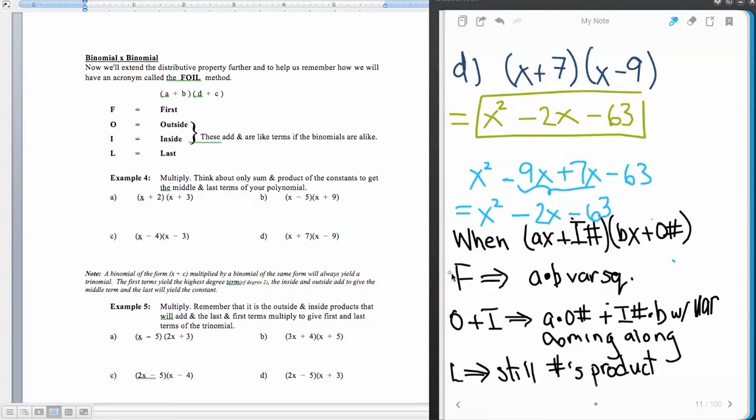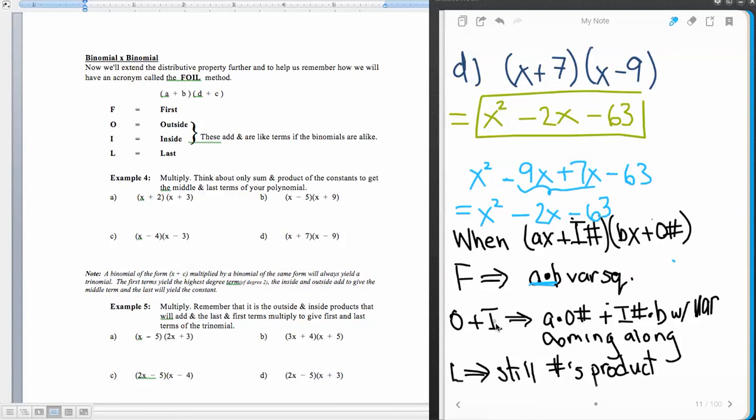Now we're going to talk about some problems where we have an a times the x with an outside number and an inside number, and a b times the x with the outside number. In this case, we're going to get the variable squared term in the first one, but we also have that a times that b multiplying and becoming its numeric coefficient.